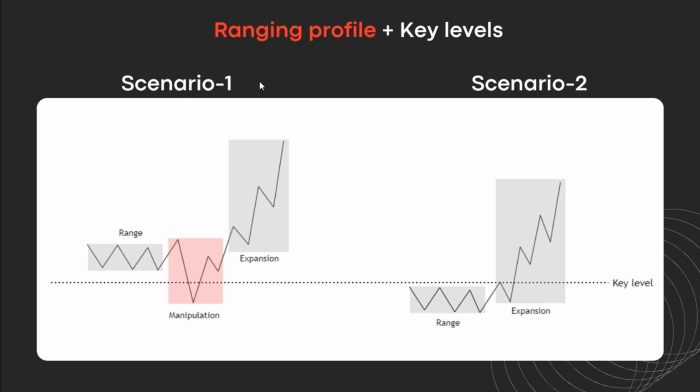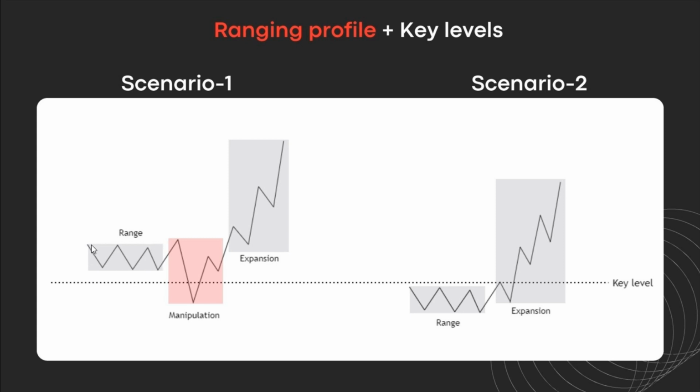Now, there are only two possible outcomes or scenarios we can have based on this combination of ranging profile and key level. The first one is when price forms a range and the ranging profile ends without testing a key level, right? This key level could be in the form of an order block, a breaker block, or maybe a high and a low. That doesn't matter. What matters is the logic behind it.